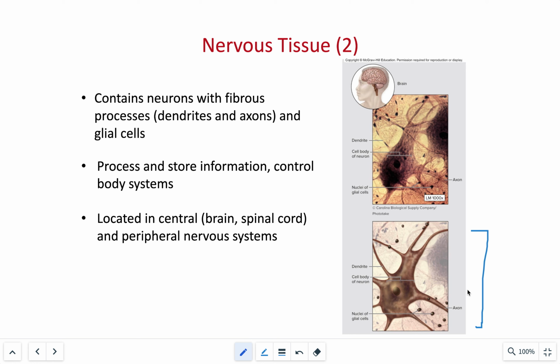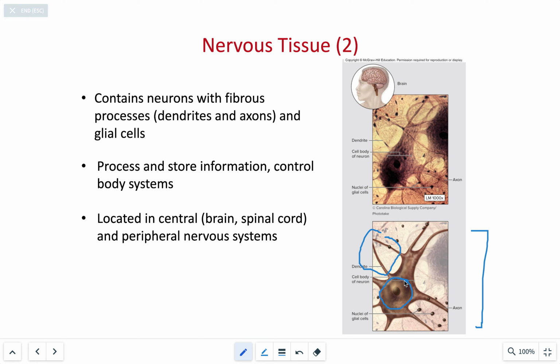When we see neurons, they have specific parts. The first one we're going to be discussing is the dendrite. The job of the dendrite is to receive information from other neurons. That information will be processed through the cell body, also called the soma.